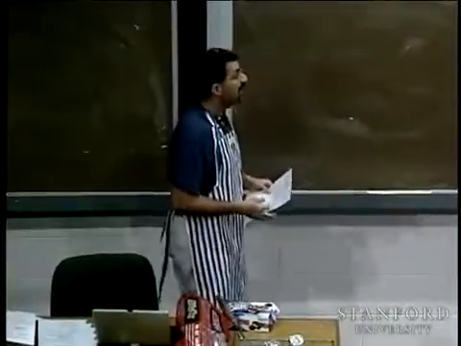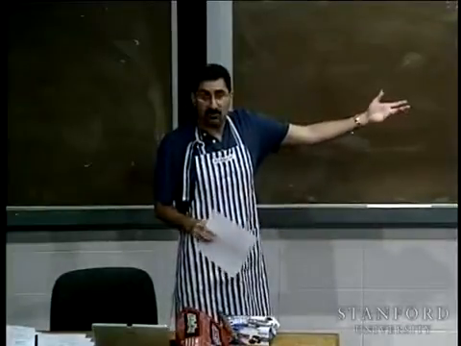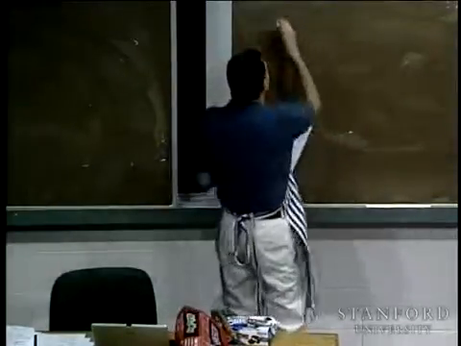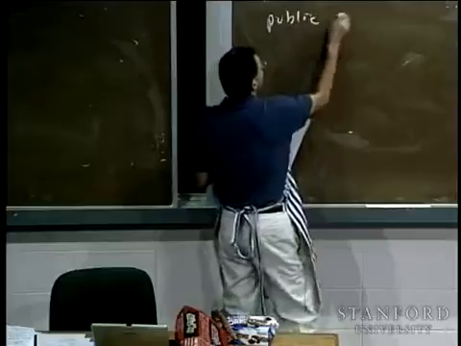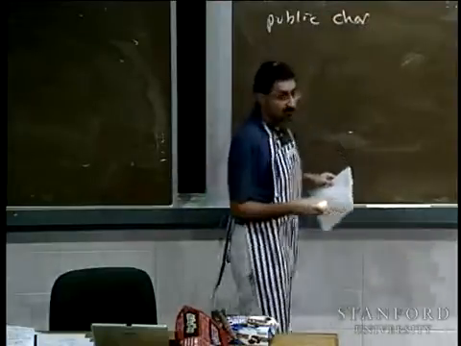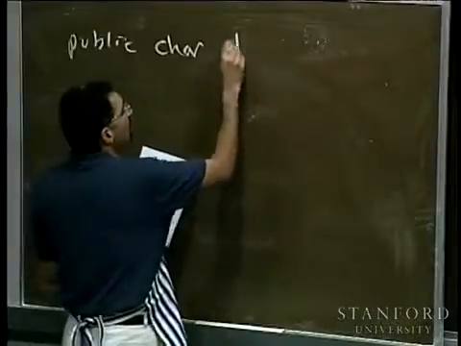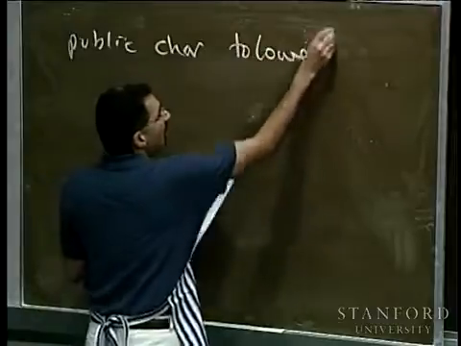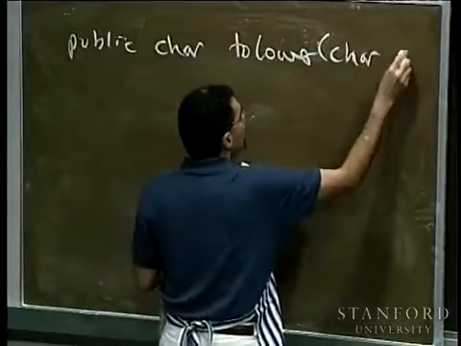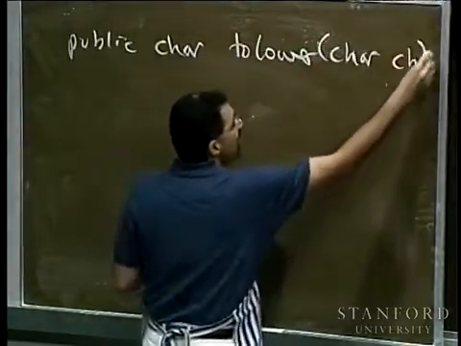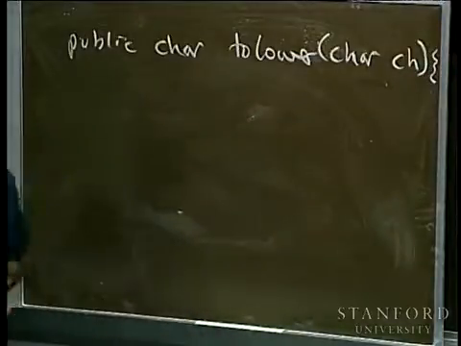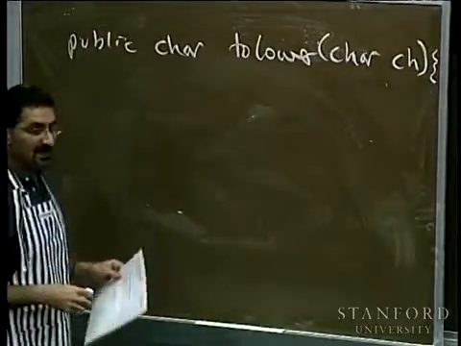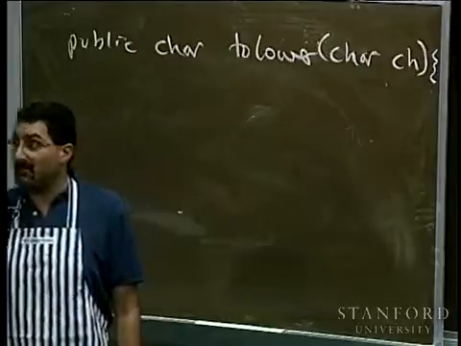It's kind of fun. Let's say we want to convert a character to a lowercase character. So we might have some method, public, it's going to return a character, which is the lowercase version, I'll call it toLower, of whatever character is passed into it. So it's passed in some character ch, and what it's going to return is the lowercase version of that character. So the first thing it needs to check is, hey, did you give me an uppercase character?